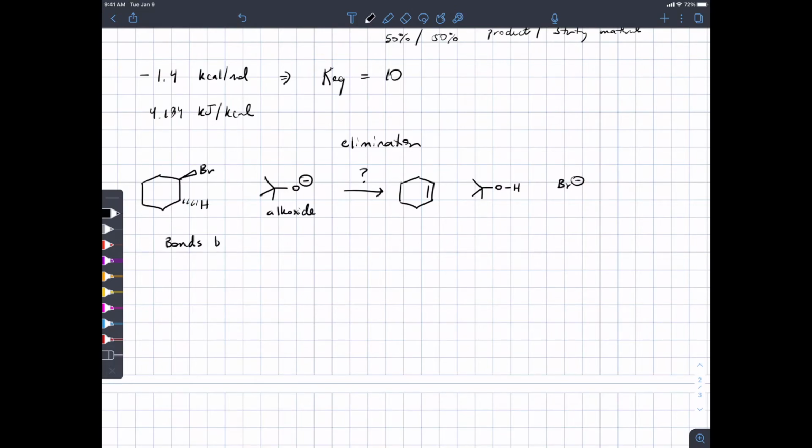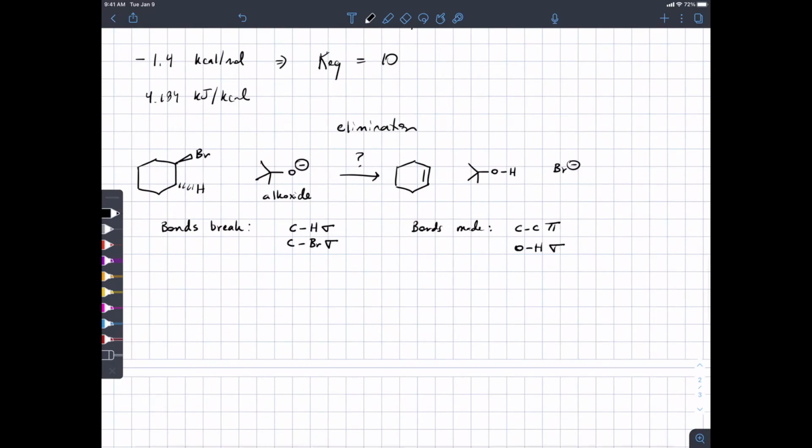If you think about bonds that we break in this process, we break a carbon-hydrogen sigma bond. We break a carbon-bromine sigma bond. And then bonds that we make is a carbon-carbon pi bond, an oxygen-hydrogen sigma bond.